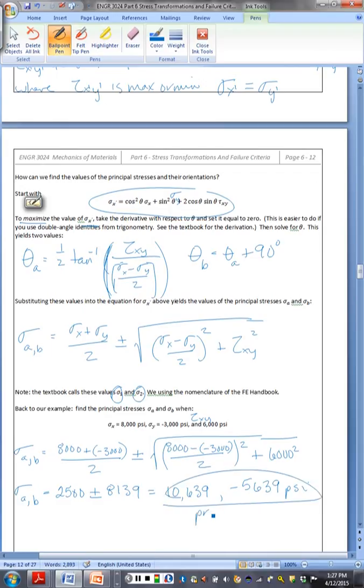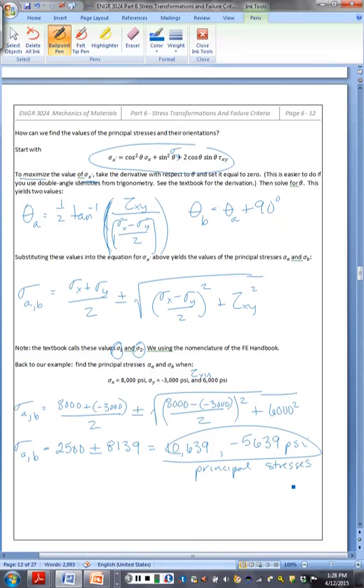These are what we call the principal stresses. Where do these occur, or at what angle in the rotation or transformation matrix?